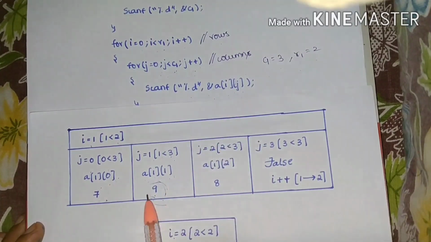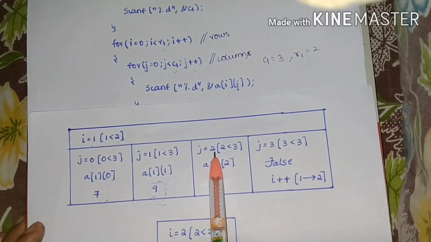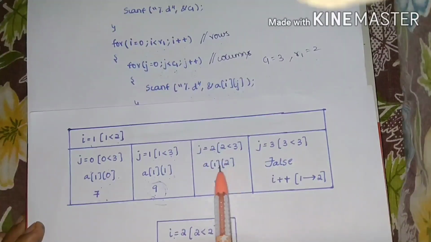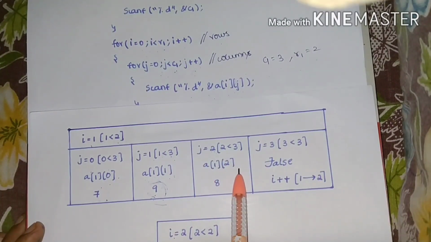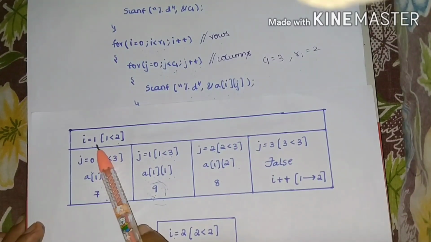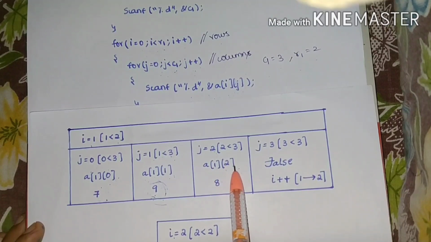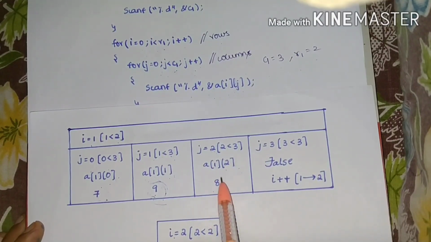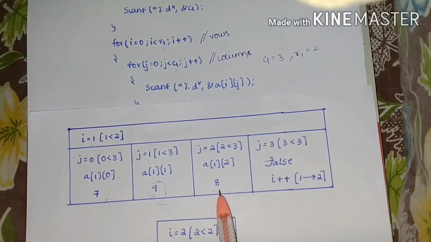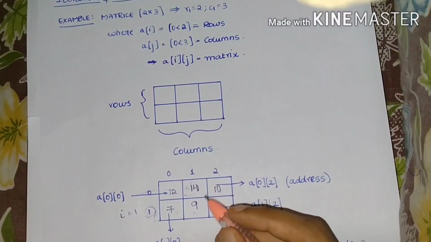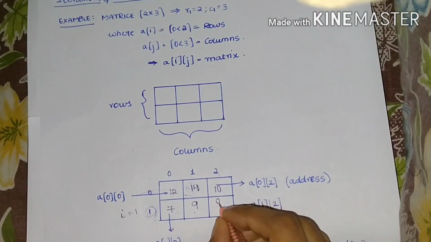Completed. So the j value gets incremented to 2, and 2 is less than 3. A of 1 of 2, where I is 1 and 2 is the column, that is j. So a of 1 of 2 is the dynamic value 8, and this 8 will be stored over here.